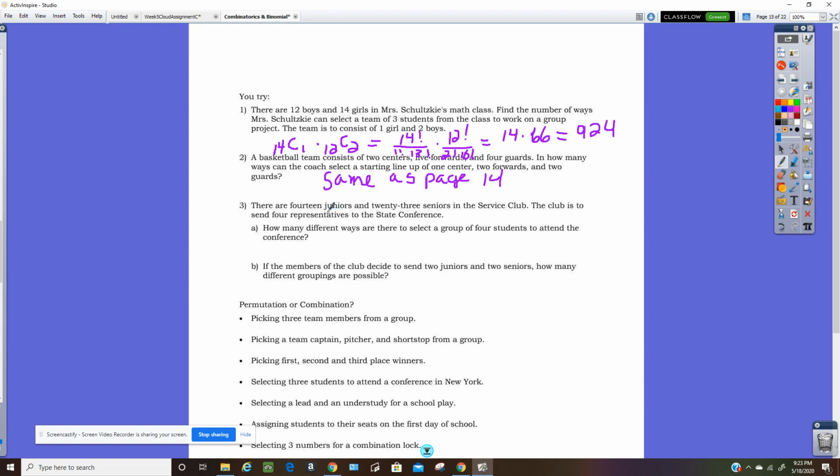So here's 14 and 23 is 37. So 37 choose 4, over 4 factorial times 33 factorial.